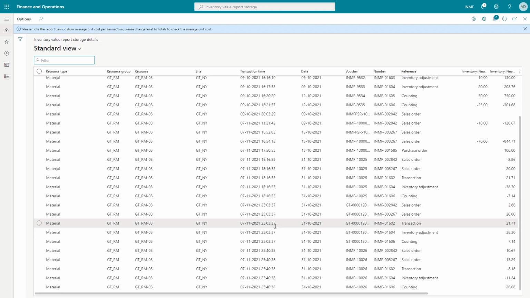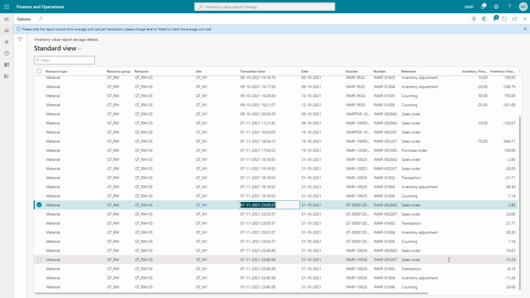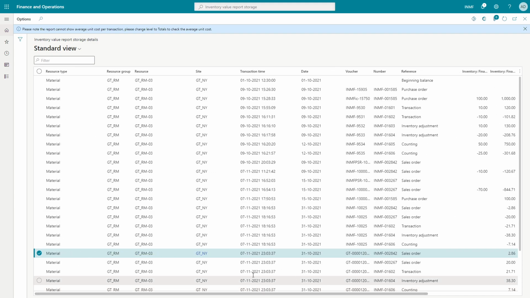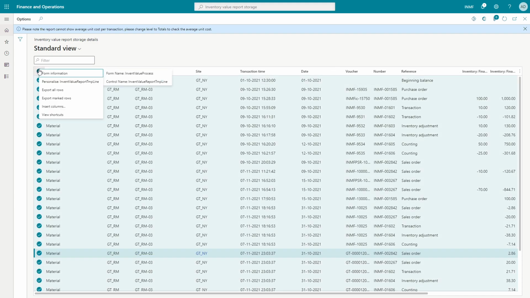Oh, that's too much actually. Yeah. So all this transaction, like opening balance is 0. So let me take this into Excel.